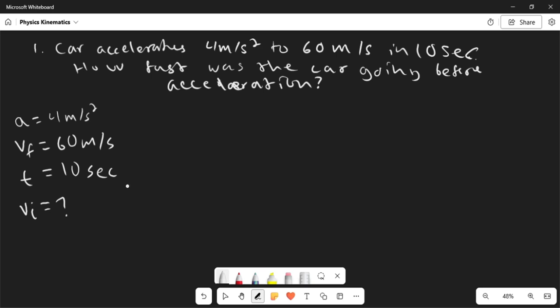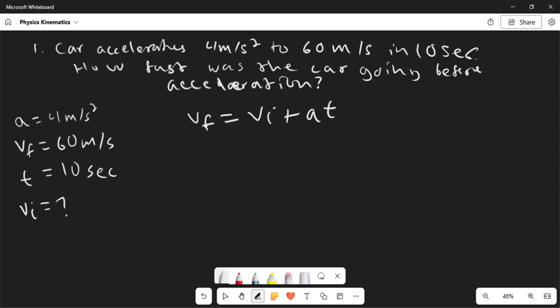So which equation from the last part can we use to find this out? Well, we can use this equation. This equation has all the variables we need, and of course, we're trying to find the velocity initial.